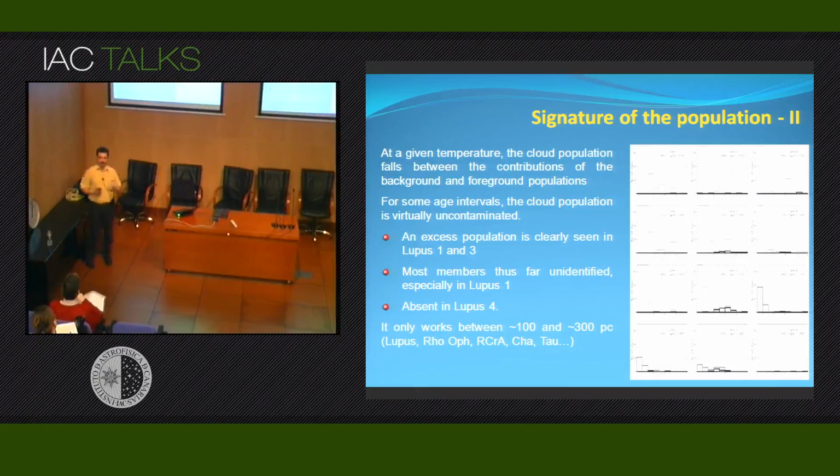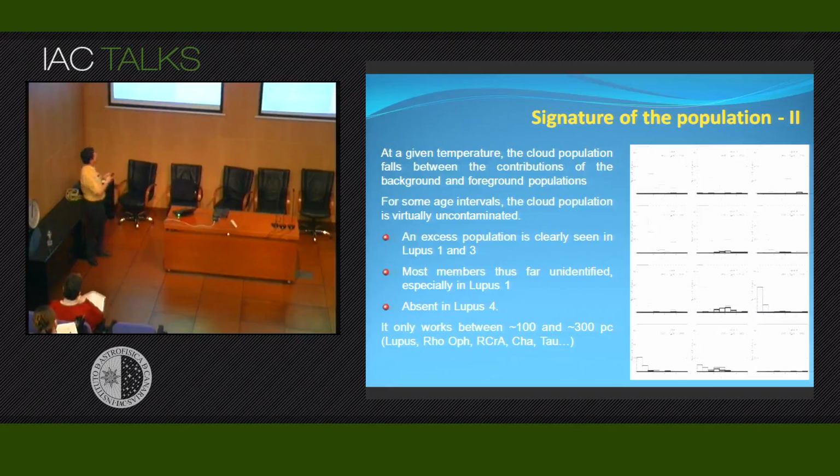So if you see, for example, Lupus 1, to start with, our histogram shows almost nothing in the background population, because these objects are relatively bright and therefore saturated in our images. So we expect a typical red giant branch star to be saturated, so we don't detect it. We cannot fit the spectral energy distribution.